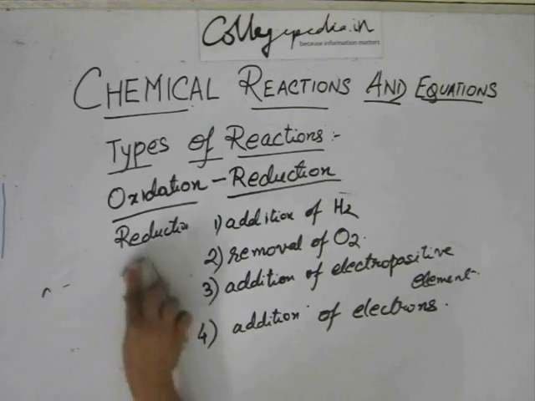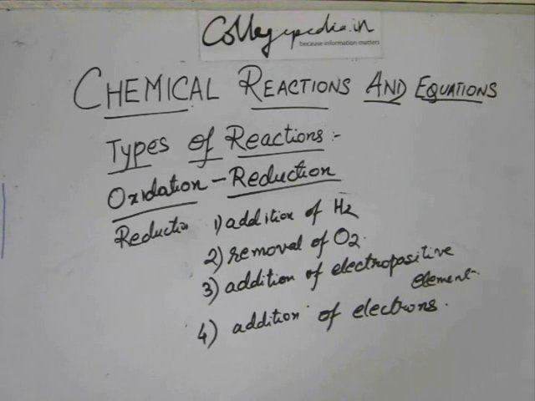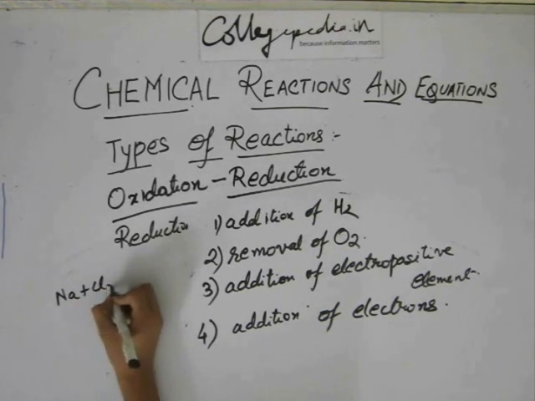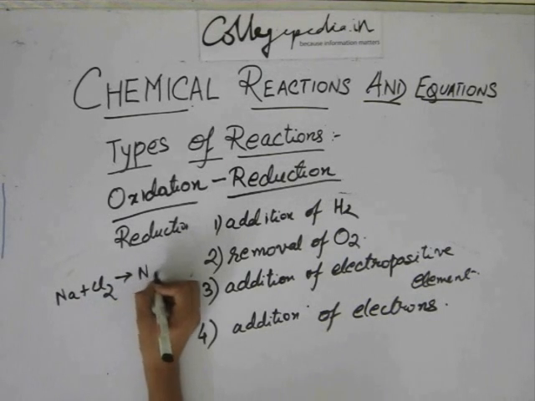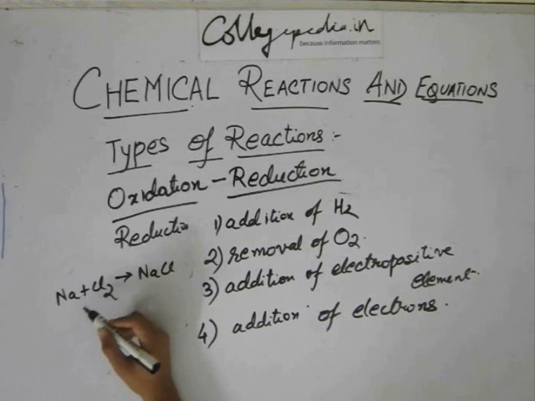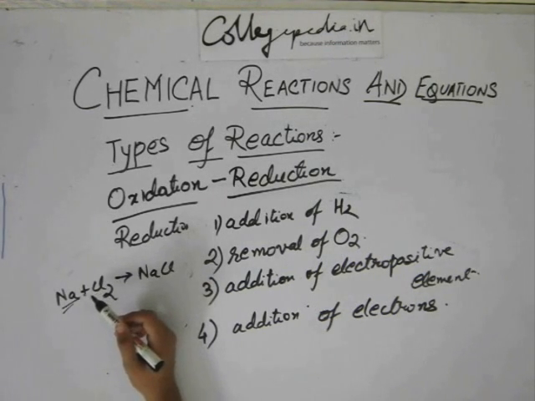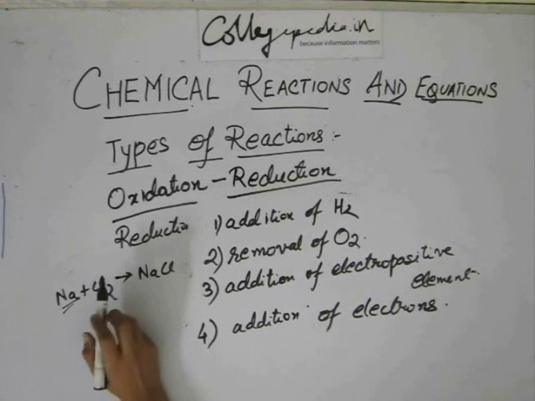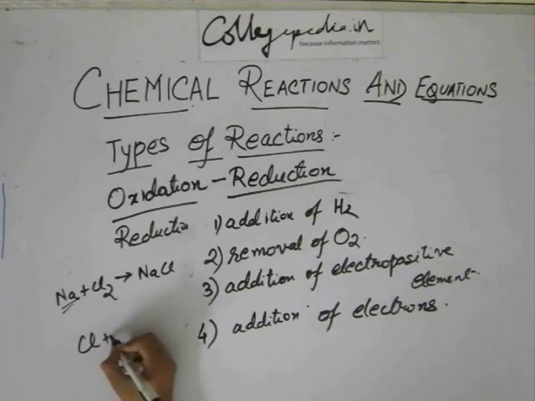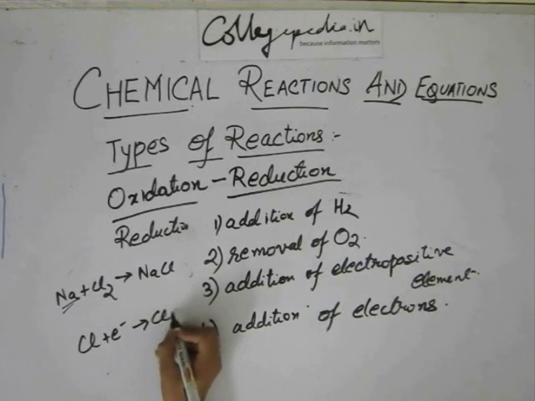And addition of electropositive element, the same reaction, Na plus Cl2 giving NaCl. But in this case, chlorine is getting reduced because sodium is an electropositive element, it's getting added to chlorine to form NaCl. And addition of electrons, you have chlorine plus electron giving chloride ion.